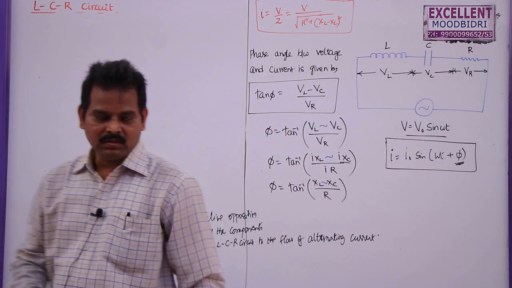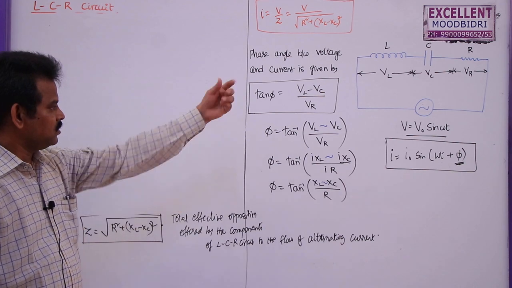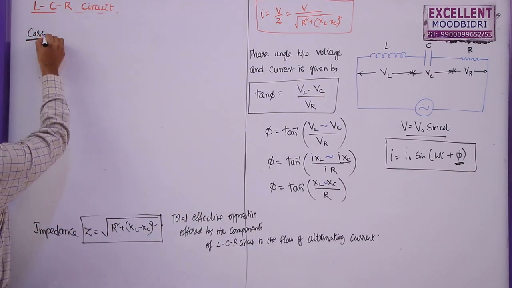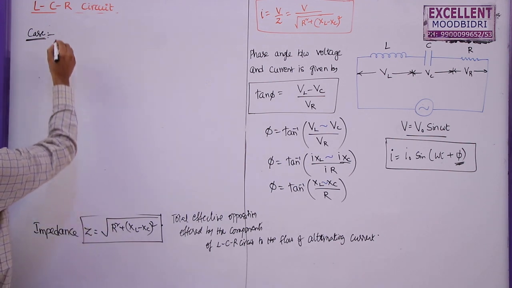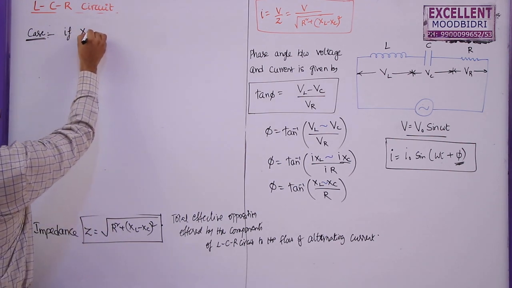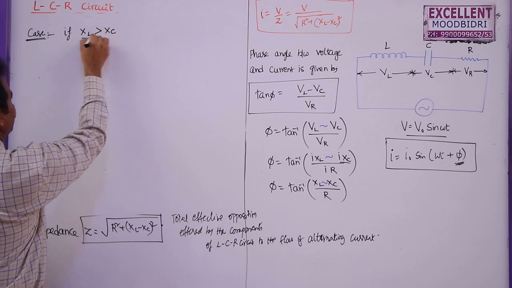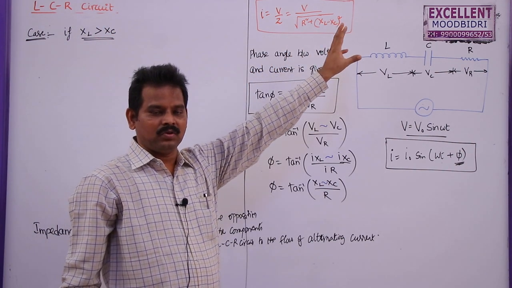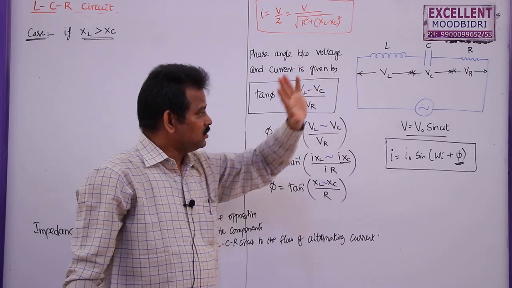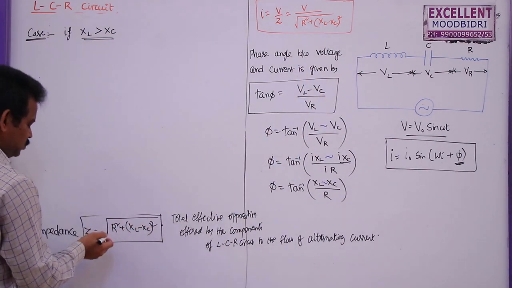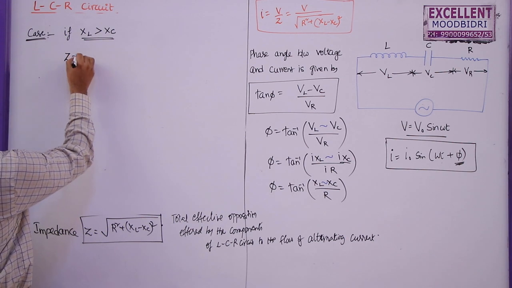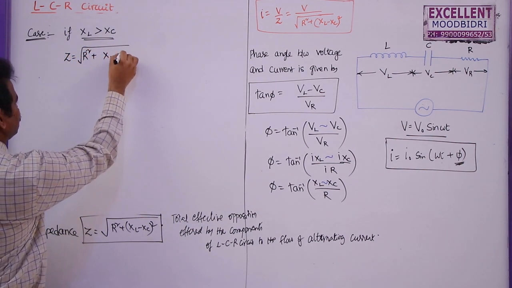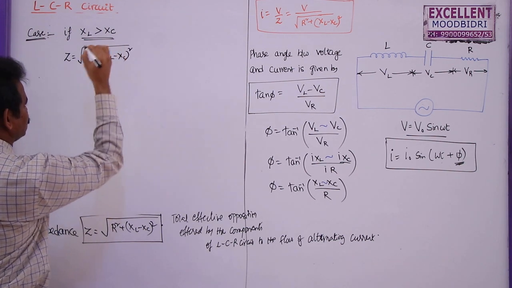Now from this, we will discuss three different cases here. Case 1, suppose XL is greater than XC, let us say the inductive reactance magnitude is greater than the capacitive reactance, then this Z will become root over R square plus XL minus XC whole square.